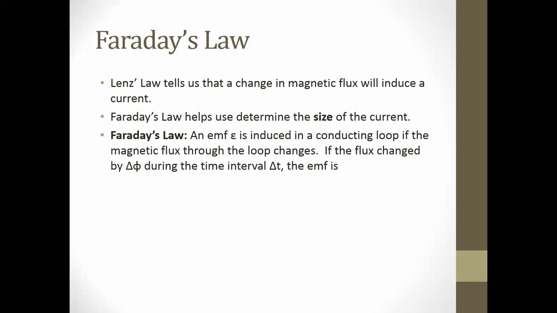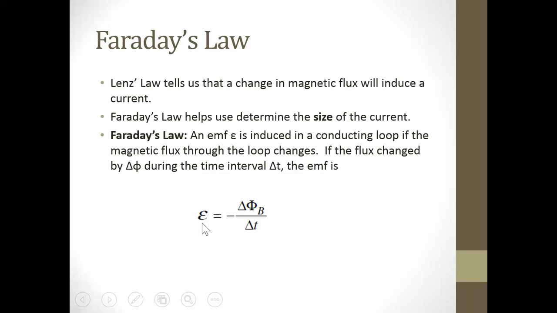So Faraday's law officially says an EMF, or little epsilon, is induced in a conducting loop if the magnetic flux through the loop changes. If the flux is changed by delta phi during the time interval delta t, the EMF is, and this is the equation that we have on your AP Physics 2 equation sheet.